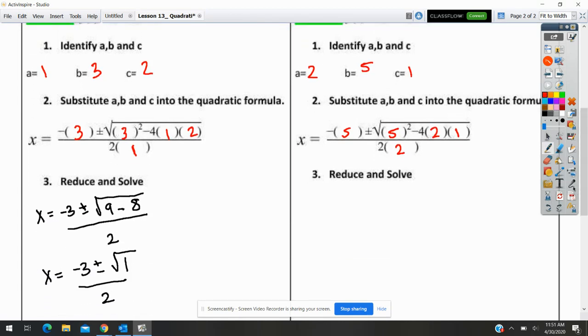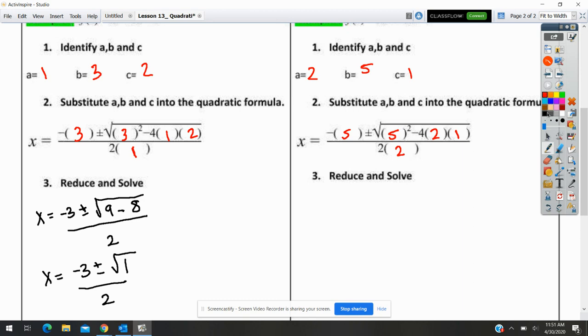At this point, we're going to continue reducing this. Like we did in the other example, we're going to first work on reducing what's under the radical sign. So 5 to the second power is 25. And in the calculator, you can do 4 times 2 times 1, which is 8.